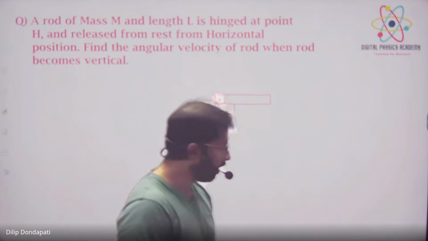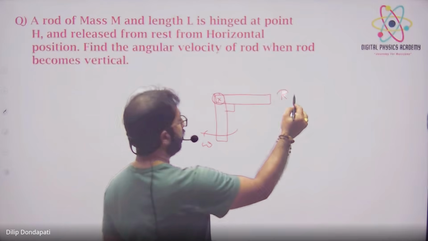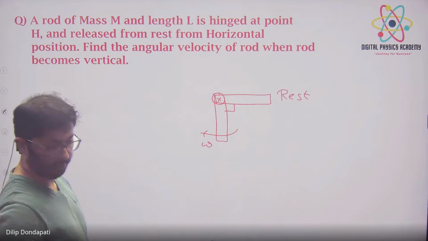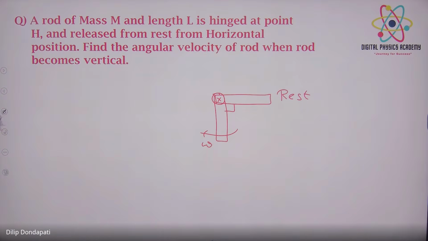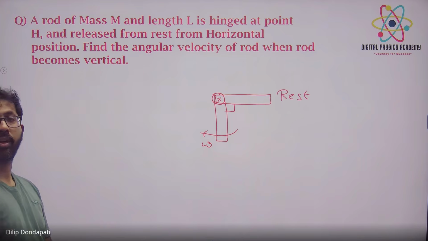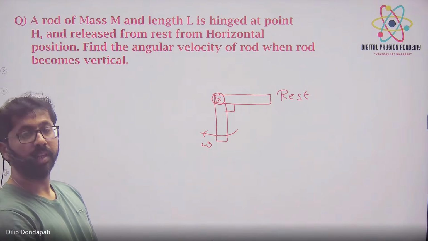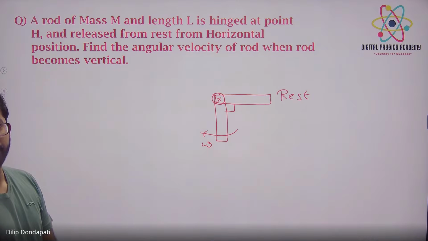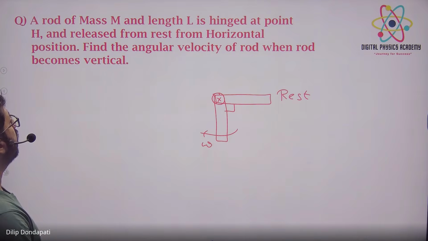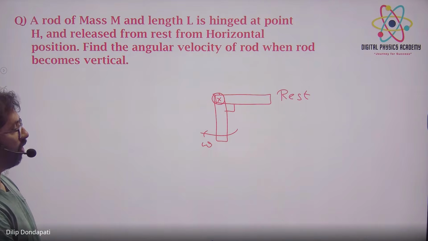Initially, the object is at rest. This is the initial condition, right? From here to here, there is no friction and no work done by an external agent. So directly we can apply conservation of mechanical energy and find the angular velocity omega of the rod.